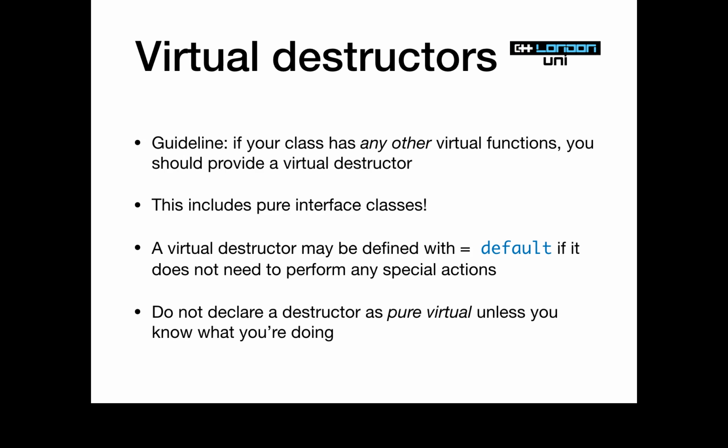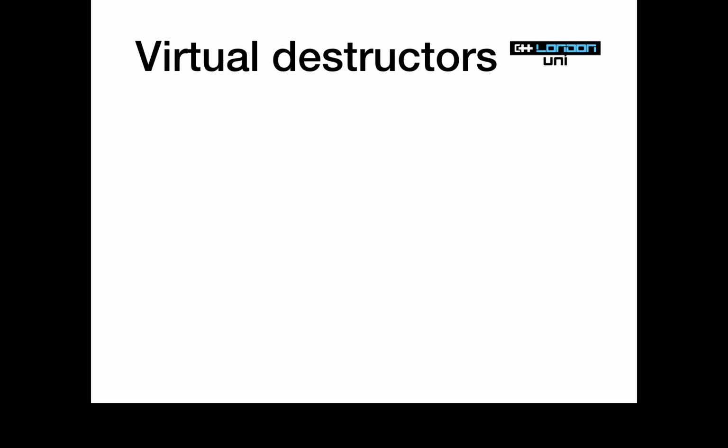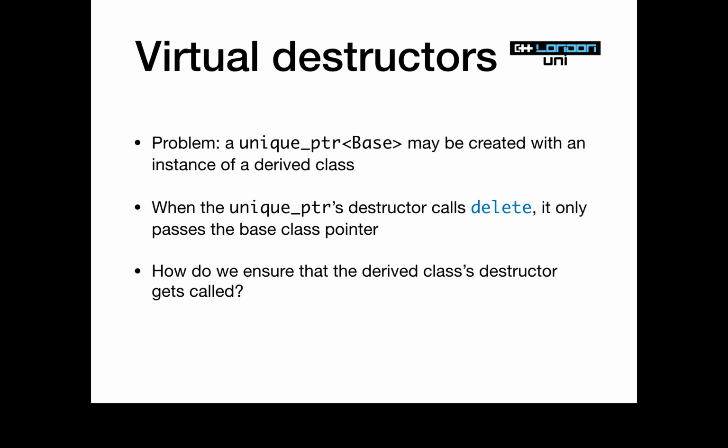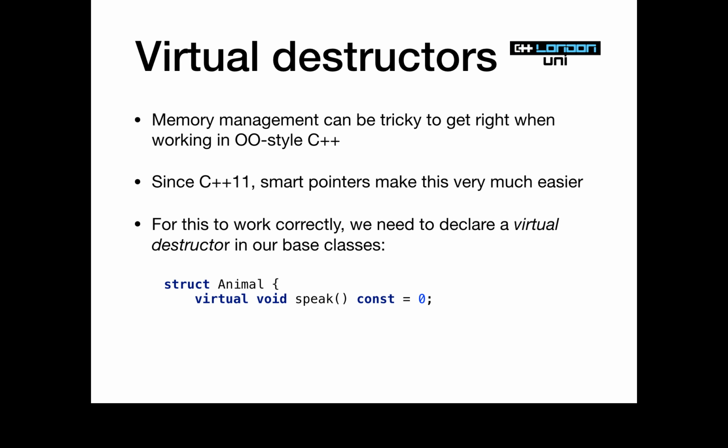So on the third one down, the virtual destructor may be defined with default. Is that with the tilde on the front? Yes, the tilde means destructor. It is defined, but it means that anyone using it will basically generate it.